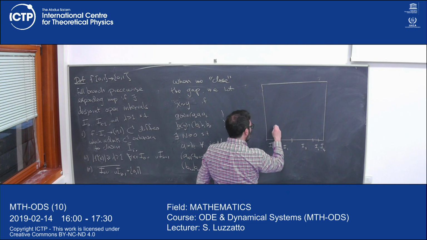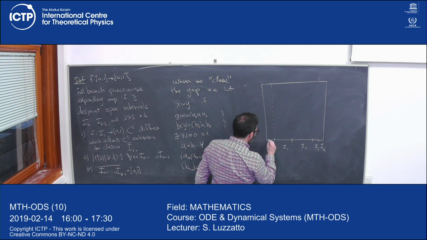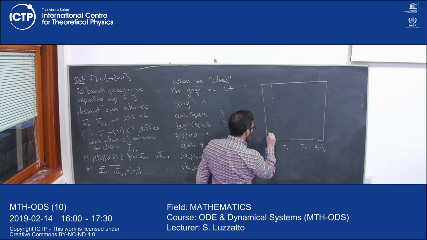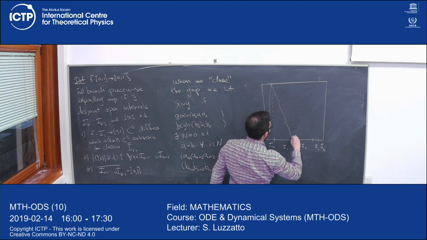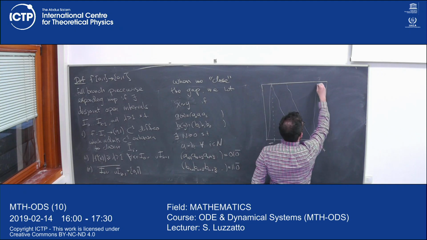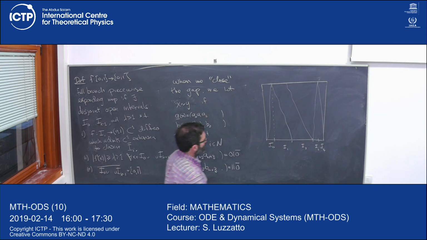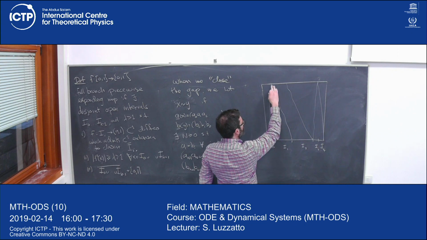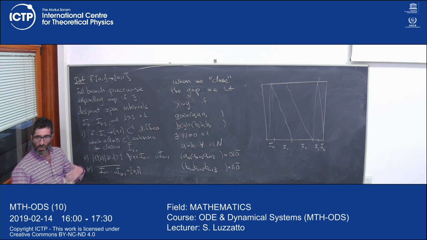And then on each of these we have a C1 diffeomorphism, something like this. That's exactly the same generalization as before.